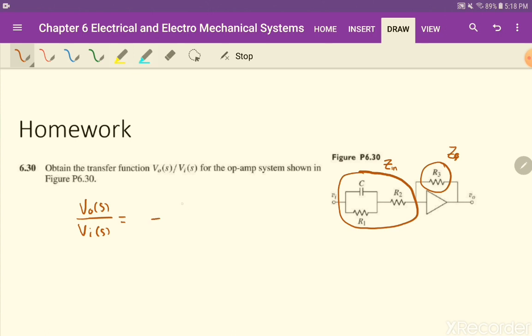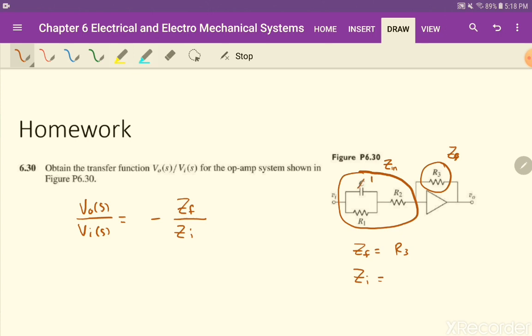That's equal to minus C F over C in. Actually, C F is just R3. And C in is a combination of these three elements. These two are in parallel.